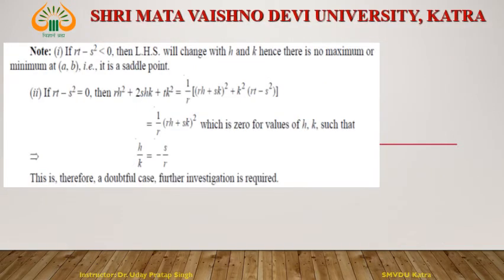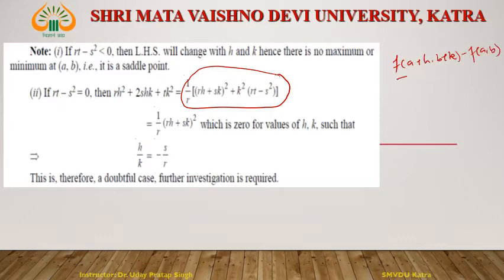Okay, and another condition: if rt minus s square is less than 0, then what happens? Then LHS, f of a plus h and b plus k minus f of ab, changes its sign with hk.